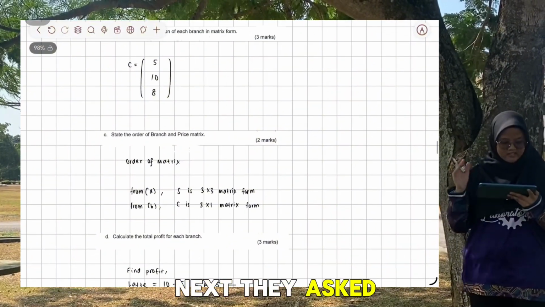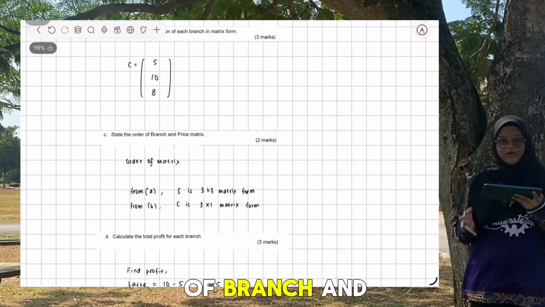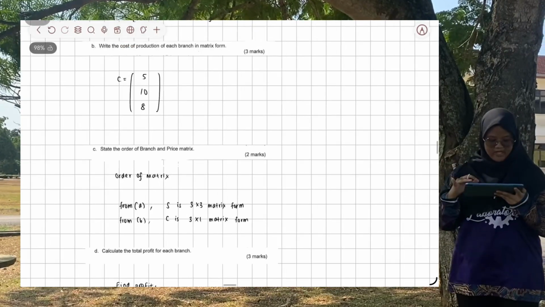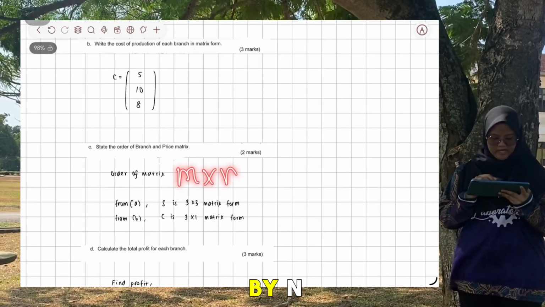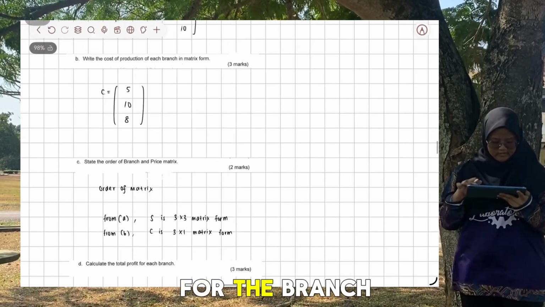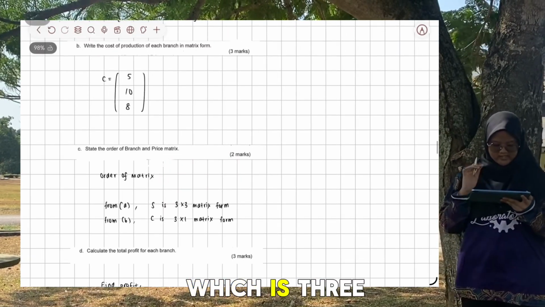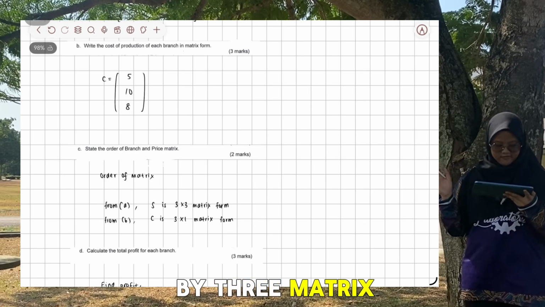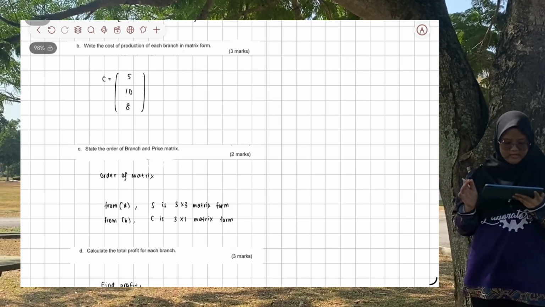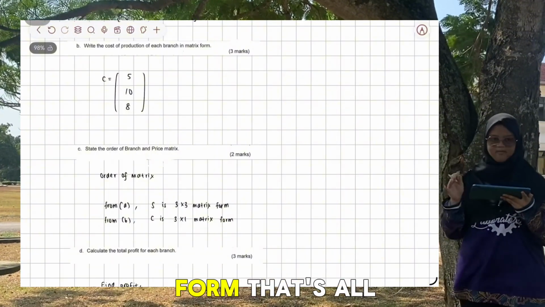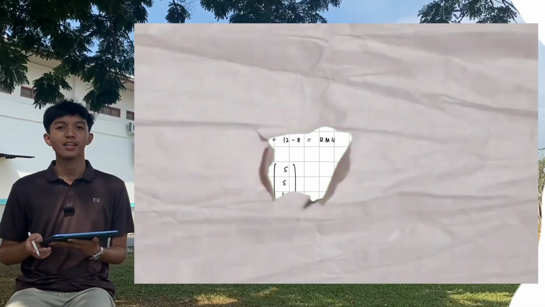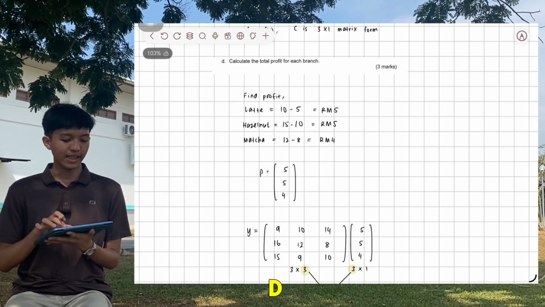Next, they ask us to state the order of the branch and price matrices. The order of a matrix is m by n. For the branch, it is a 3 by 3 matrix, and for the price it is a 3 by 1 matrix. That's all.